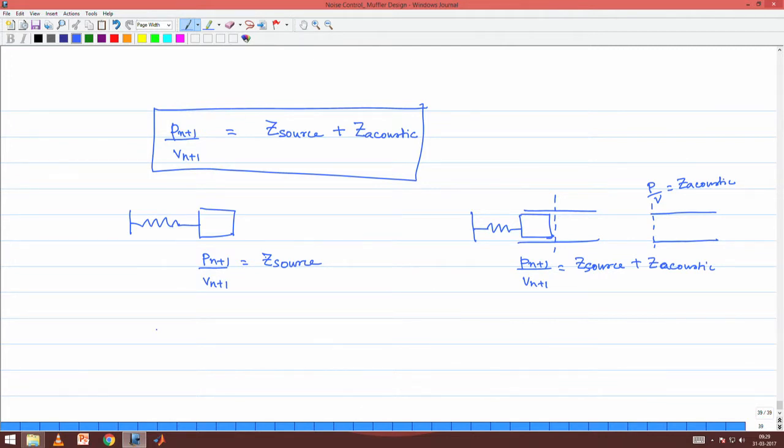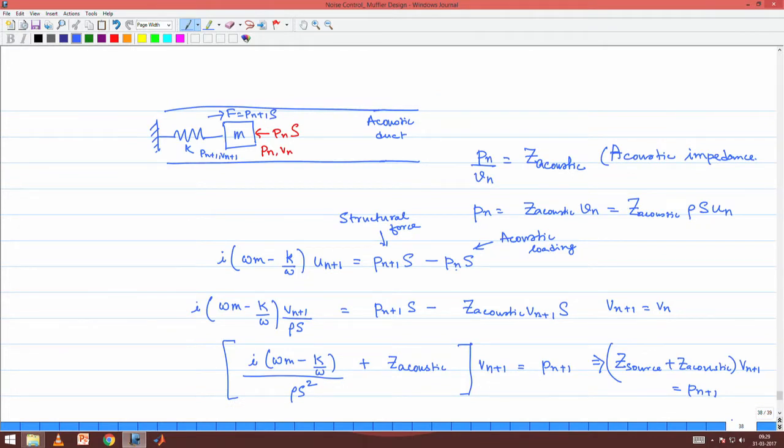So, the question is, how do we model this situation? So, towards that extent we must understand the following. The acoustic field is created because of a certain excitation which is acting at the source. Just imagine that the speaker is just like a membrane which could be simplified to a spring mass system which is driven by a certain force, and the force in turn is related to the pressure Pn plus 1, right.